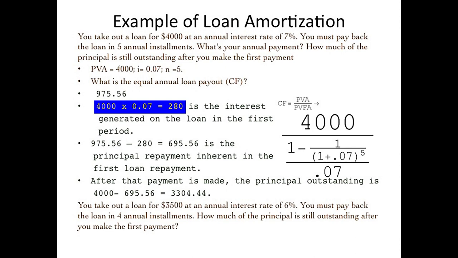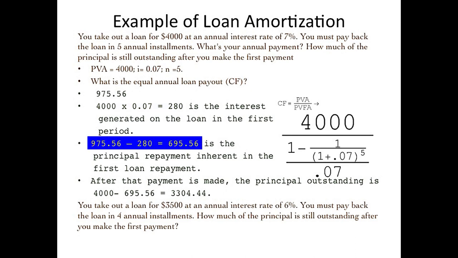That is the interest generated on the loan in the first period. So if you subtract the $280 interest from your total payment of $975.56, what you're left with is $695.56. And that is the principal repayment inherent in the first loan payment.